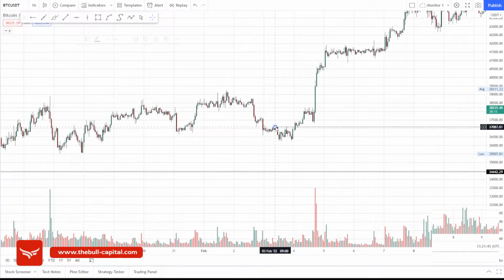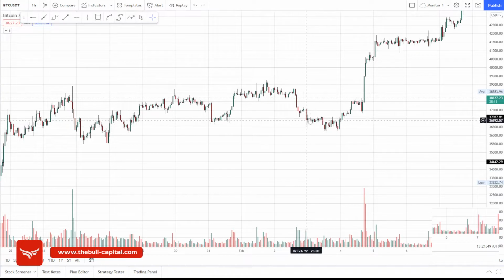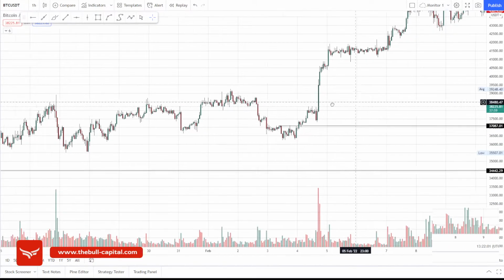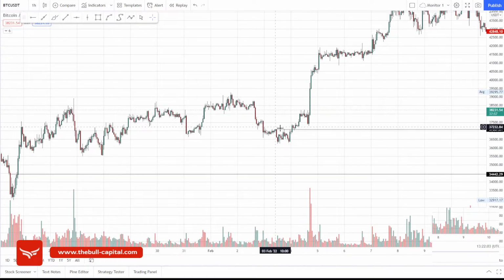But this actually was our break level, because we had accumulation here. We formed this break structure, and this is our break here.